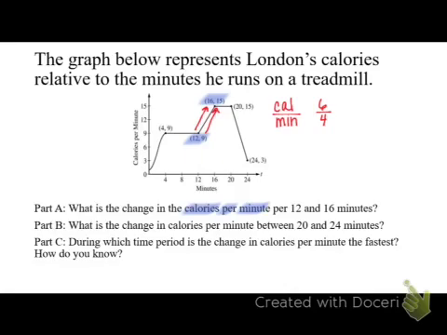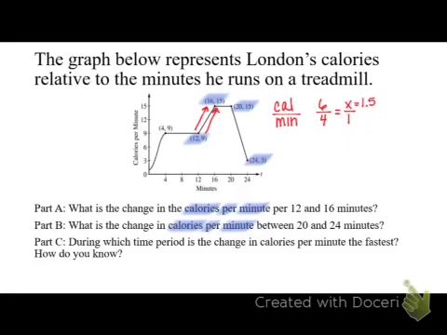So 6 calories in 4 minutes relates to how many calories for 1 minute. All you're doing here is dividing by 4. 6 divided by 4, which is 1.5. So 1.5 calories per minute between the 12 and 16 minute points.